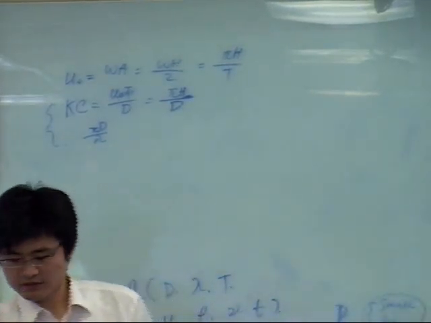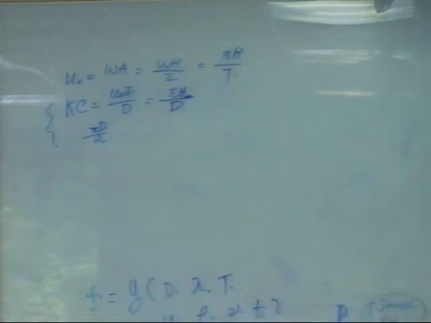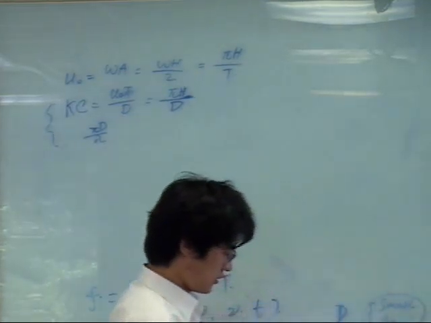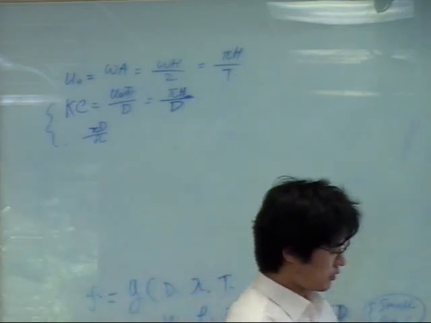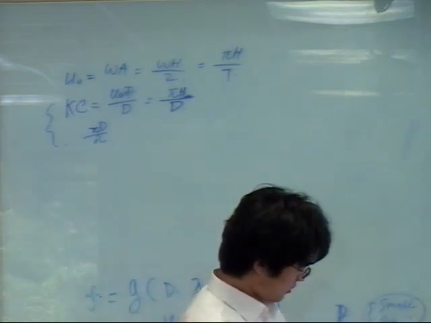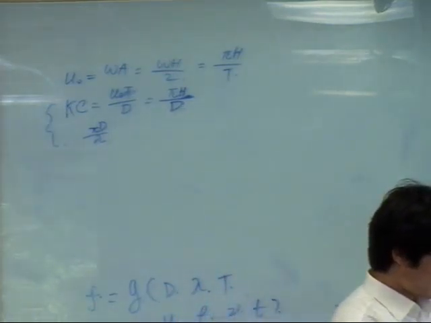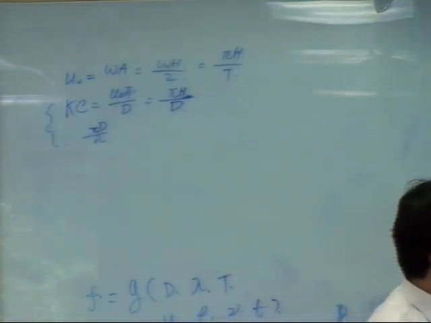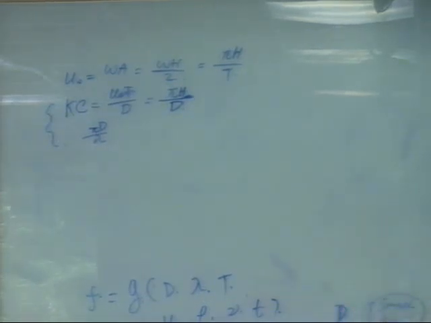And let's see this picture. This axis goes the KC number, this axis goes the diffraction number. When the size of the body is large compared to the wavelength, that goes this way, D over lambda.